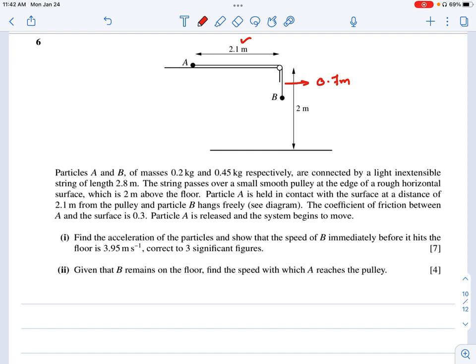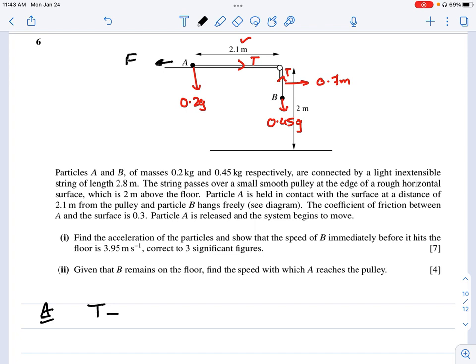So for B, 0.45 g acts downwards. For A, 0.2 g, then tension always towards the pulley. So forward force minus backward force is equal to ma. For A, the forward force is tension minus the backward force.